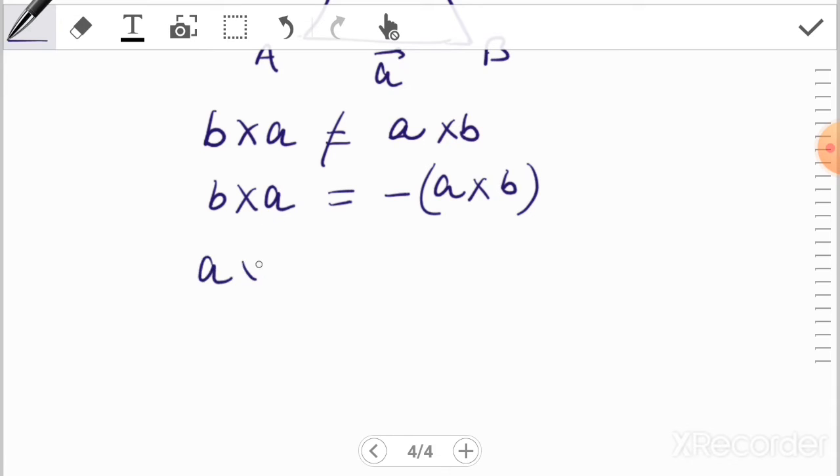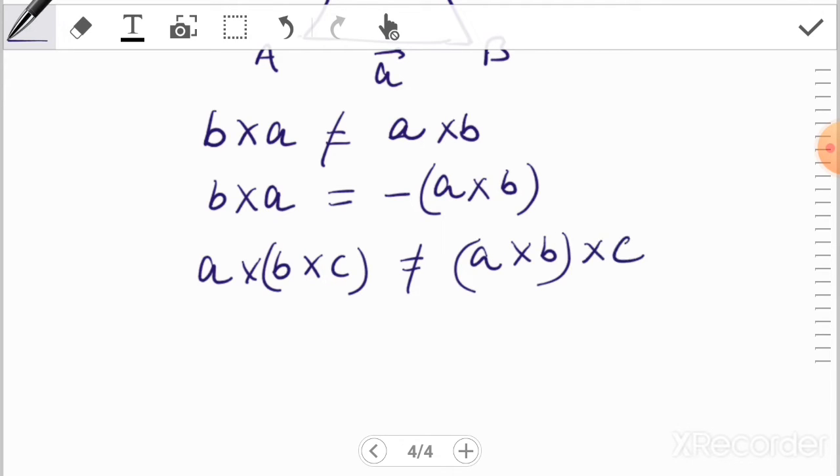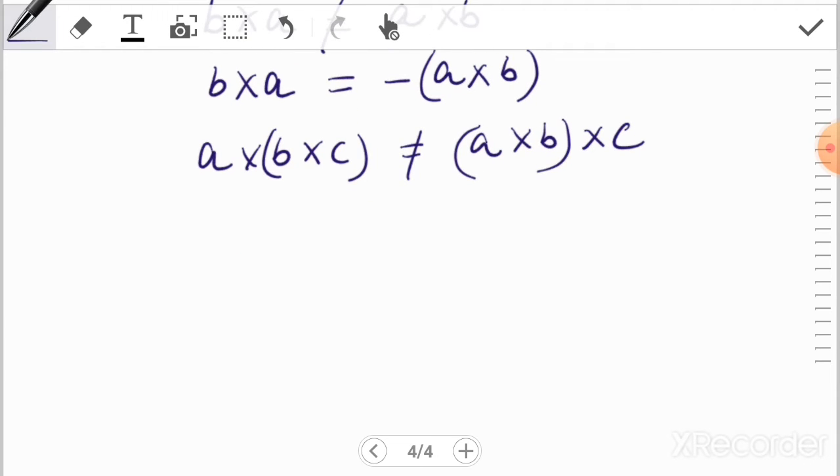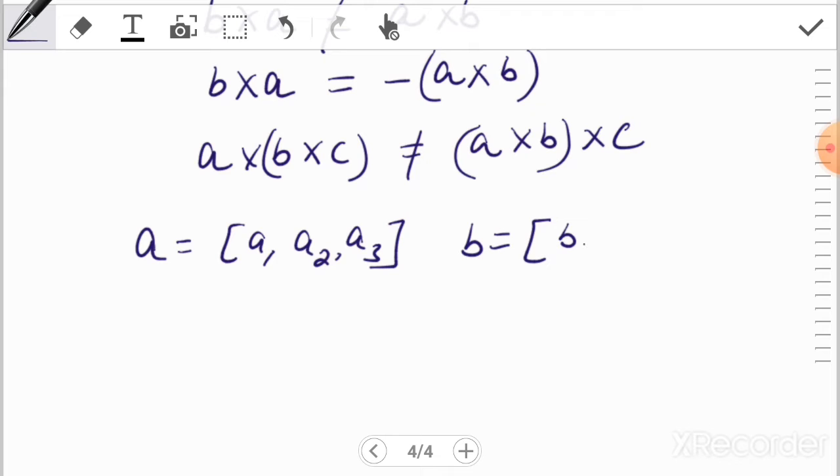So A cross B cross C is not equal to A cross B cross C. Let us see a scalar triple product. If we have A component as A1, A2, A3 and B vector component as B1, B2, B3 and C component as C1, C2, C3.